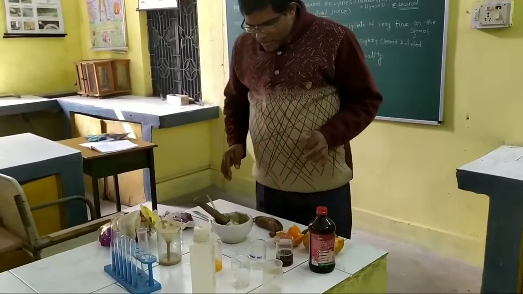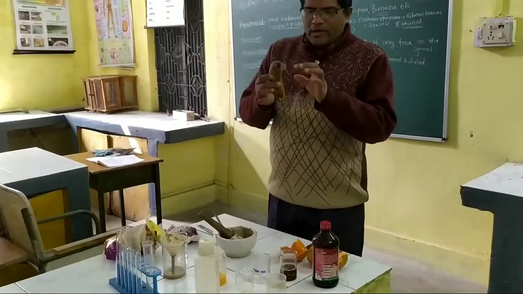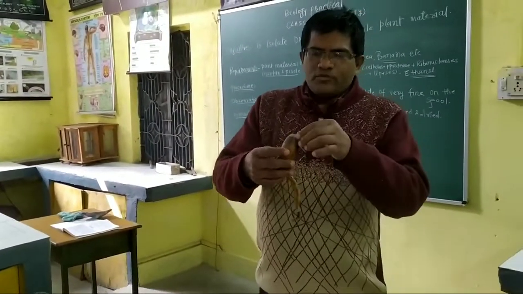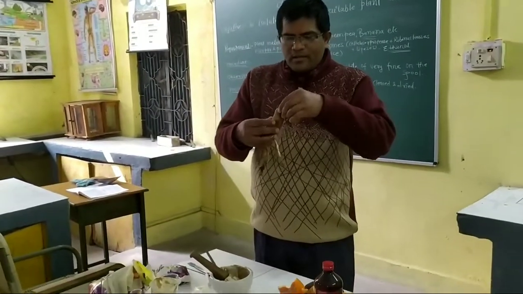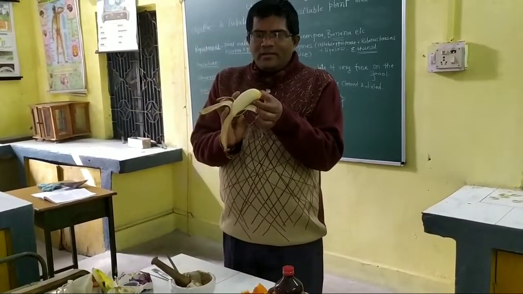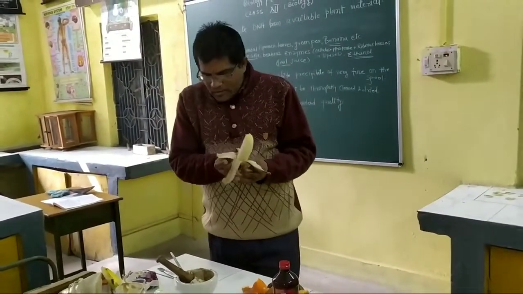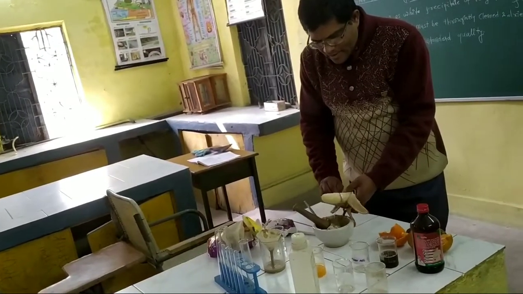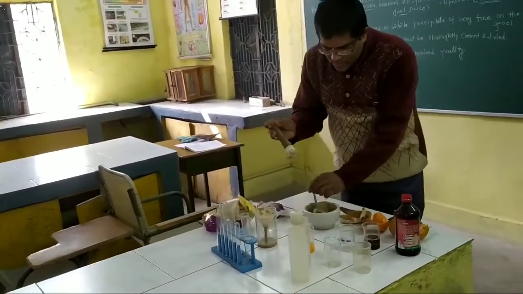The second important part is we have to take one banana. Peel it, remove the peel, and now either in the polythene bag we have to crush it, or we have to take the pestle and mortar and crush this one banana.